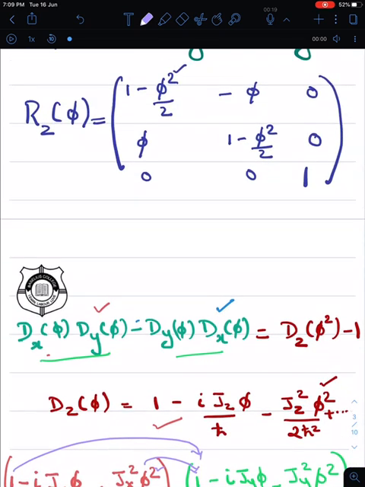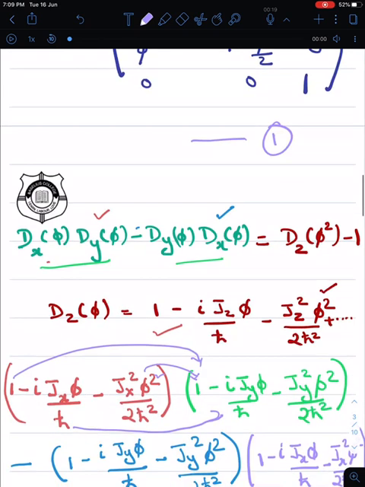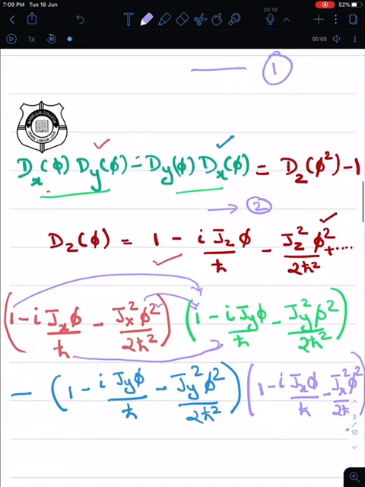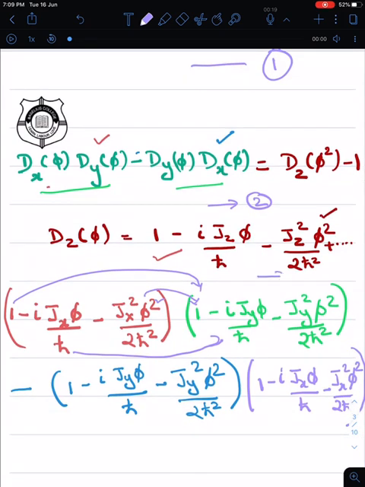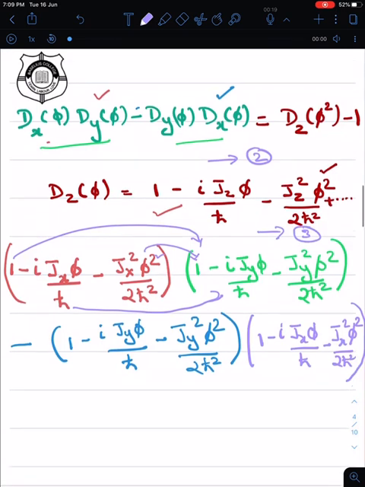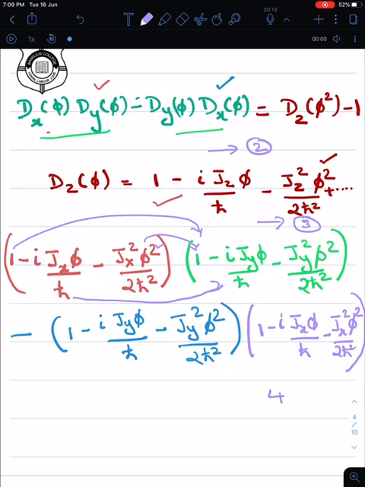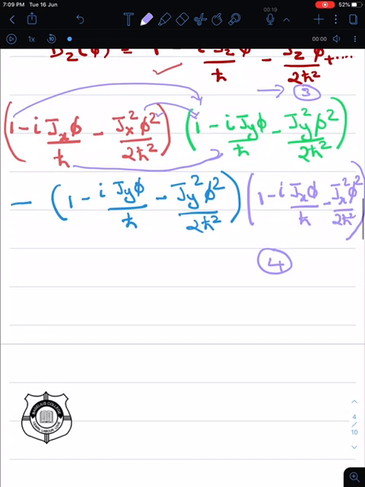Let's put this as equation 1, the matrix, infinitesimal matrix representation, the commutation relation, then again this expansion of Dz(phi), and this as equation 4. Now we can open up the brackets in equation 4.